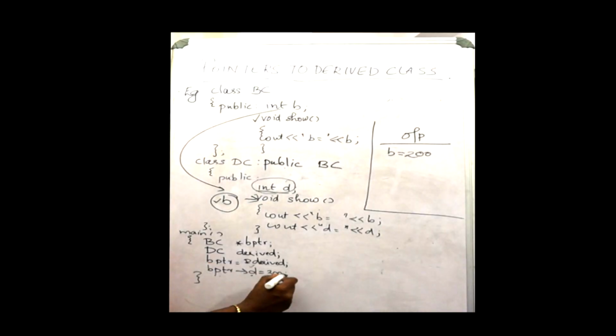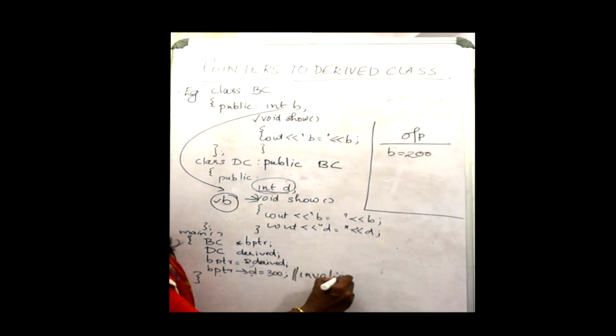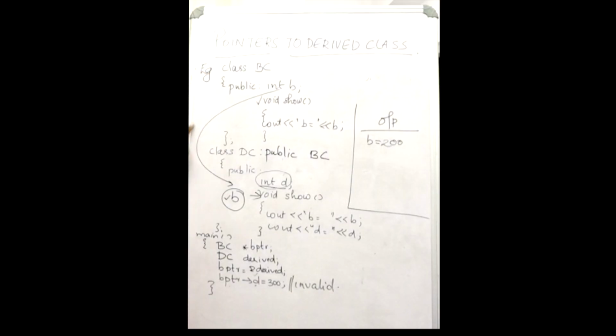So is this statement correct? This is not correct. This is an invalid statement because we have already mentioned that we can access only those members that are inherited from the base class to the derived class using base pointer, not members that are belonging to the derived class only.